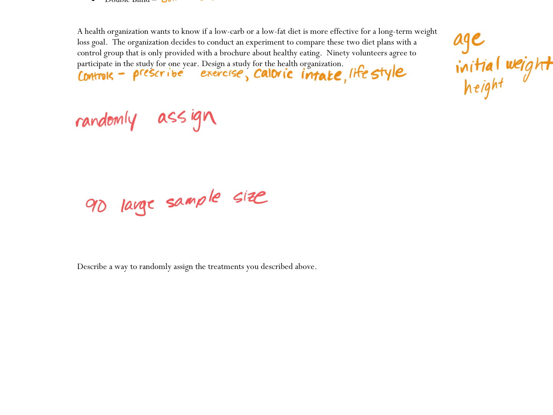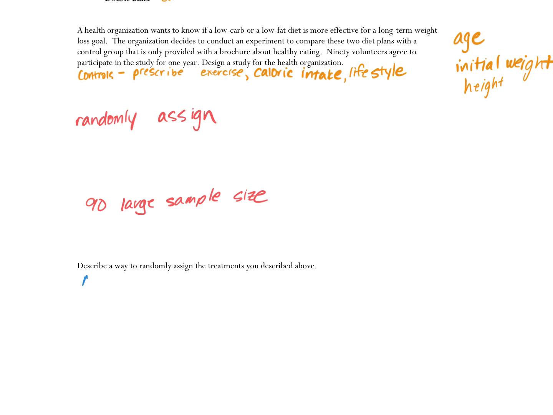If I have to pick 30 people of my 90 volunteers to receive the low-fat diet, I'm going to start by assigning each volunteer a number between 1 and 90. Is this feeling familiar? Okay, then what am I going to do?